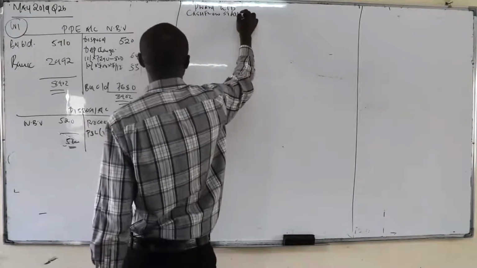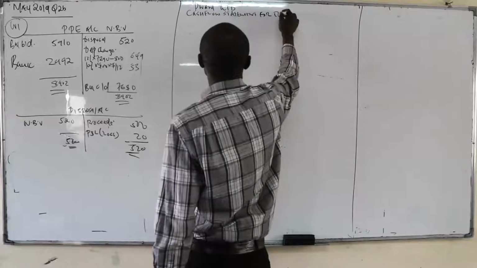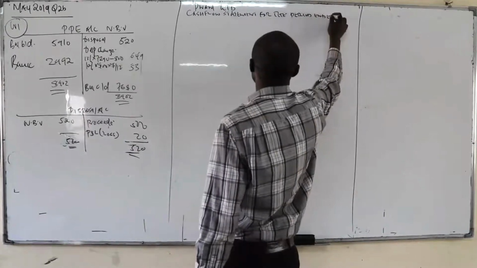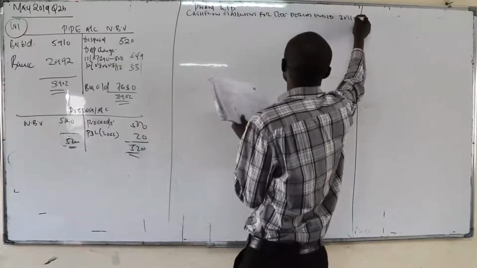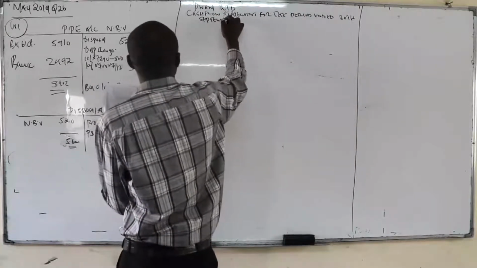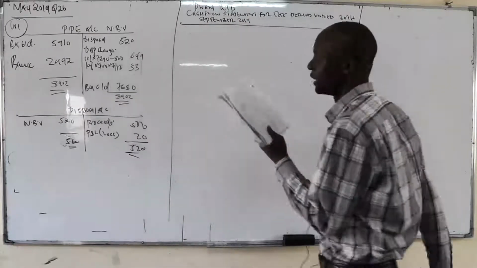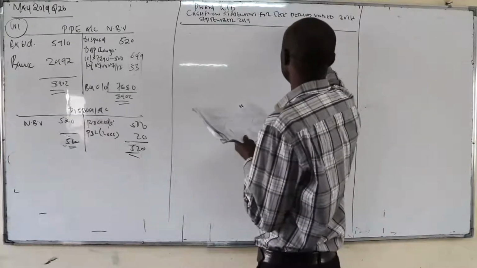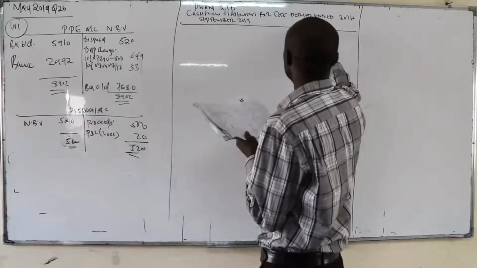Cash flow statement for the period ended 30th September 2019. So we write here shillings in thousands. Remember to write that one.